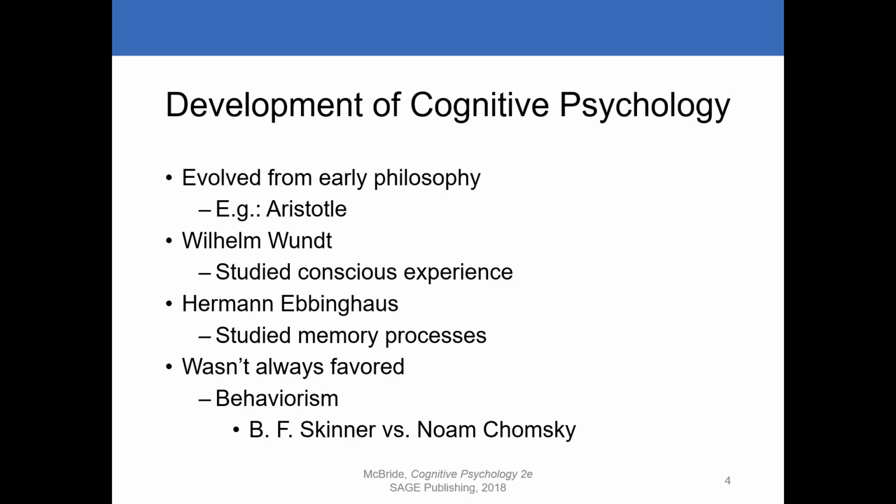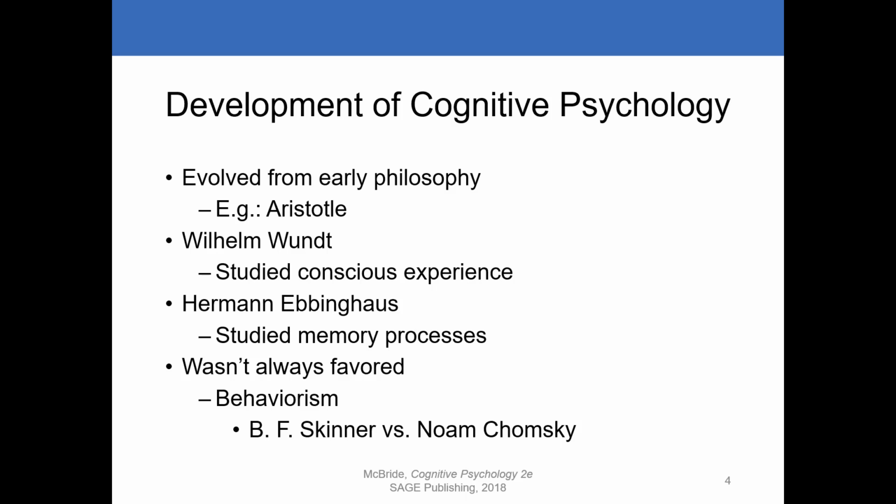So we have to think about the roots, right? Where did the roots of cognitive psychology come from? If you think about it, a lot of our psychology, whether we're talking cognitive psychology or actually the field in general, really drew its inspiration from Aristotle. Aristotle was more of a philosopher, but we could really trace our roots all the way back to Aristotle's work.